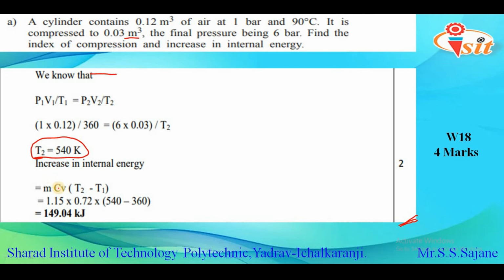Again the value of Cv they have not given in the question, so we have to remember the standard value for this specific heat, which is equal to 0.72, and multiply by the temperature difference, that is 540 minus 360, and after solving this will give us the change in internal energy, which is equal to 149.04 kilojoule. So this will give you the further 2 marks, and in this way for determining the value of index of compression and increase in internal energy, you will be getting 4 marks.